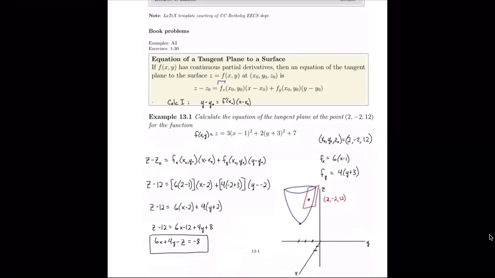So we'll take the derivative of f with respect to x of this whole expression on the right. Remember that in this situation, the partial with respect to x treats y as a constant. So when we take that derivative, we'll find f sub x is 6x minus 1.